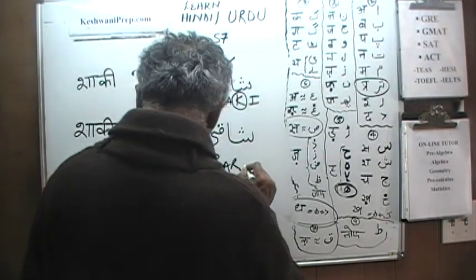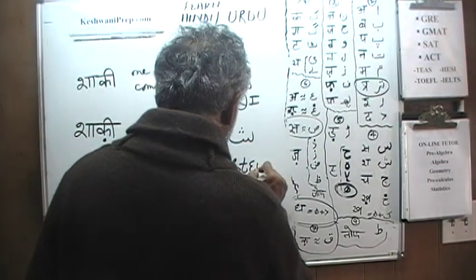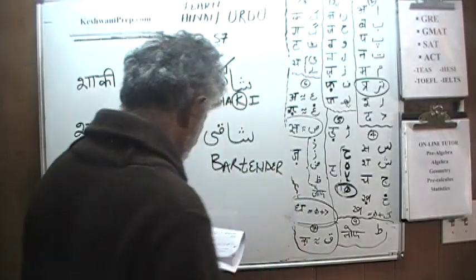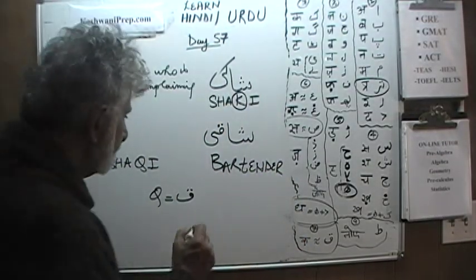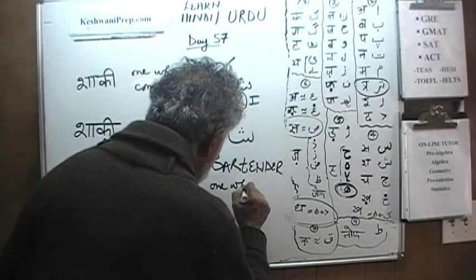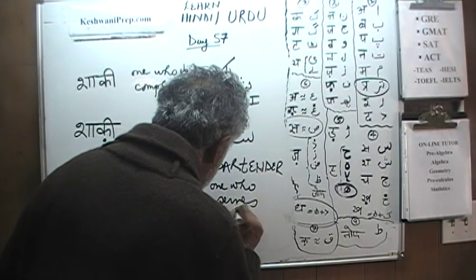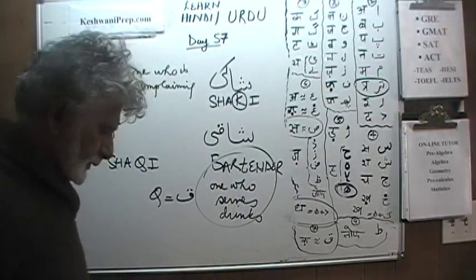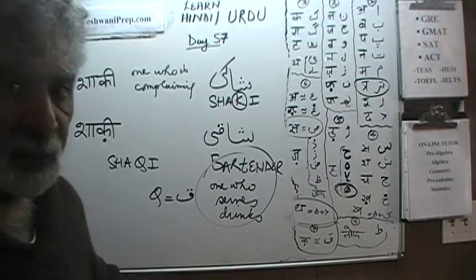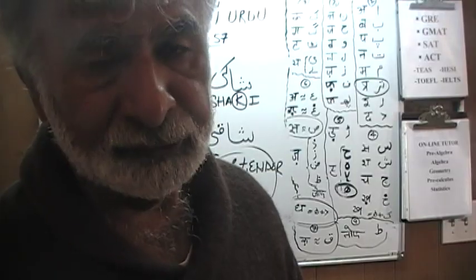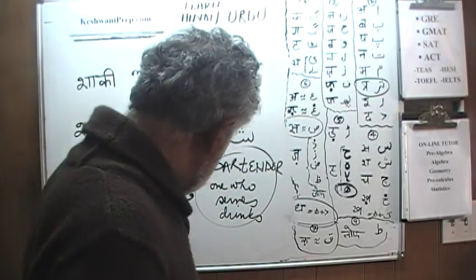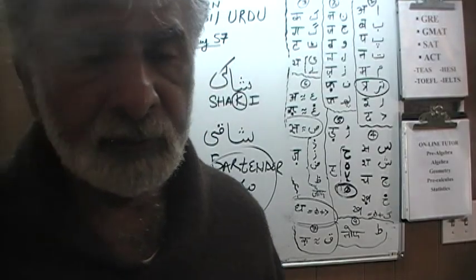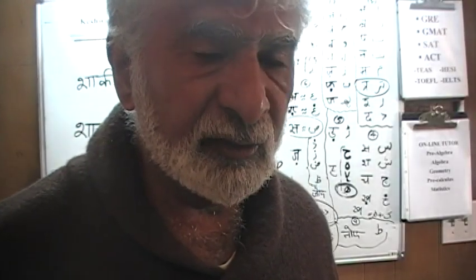Believe it or not. The one who serves drinks. One who serves drinks. There's a difference between one who serves drinks and one who complains. They are both shaki. They are homonyms. Homonyms are two words that sound alike, but they have different spelling.